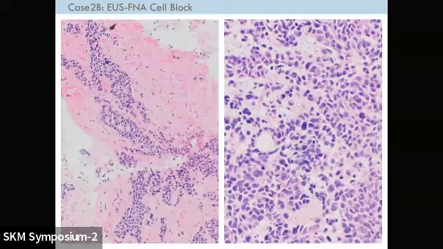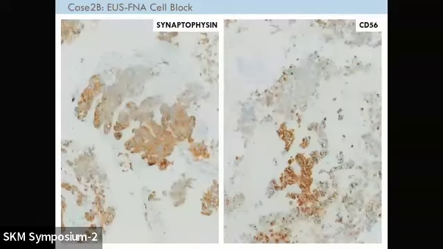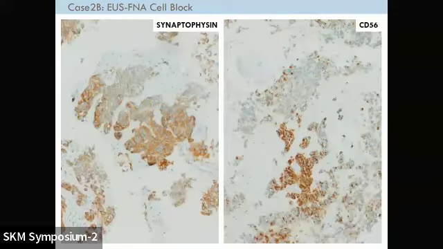And the high-grade nature of this neoplasm can also be recognized by the fact that most of these cells have high NC ratio. You can identify individual cell necrosis, and occasional mitosis can also be seen. Again, we started with neuroendocrine markers, and this tumor showed patchy positivity with both synaptophysin and CD56.